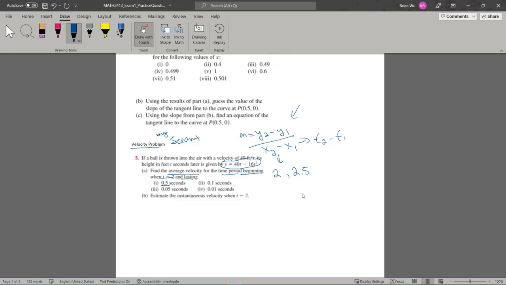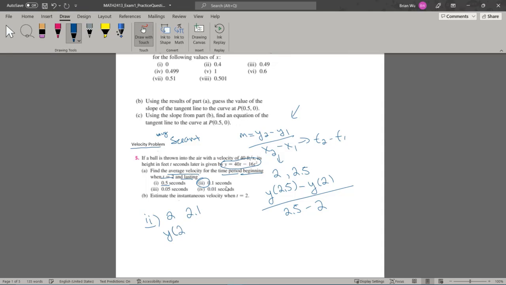So these are your two t values. You plug in those values: y of 2.5 minus y of 2, divided by 2.5 minus 2. Same thing with the next one. This one lasts 0.1 seconds, so it's starting from 2 and lasting until 2.1.